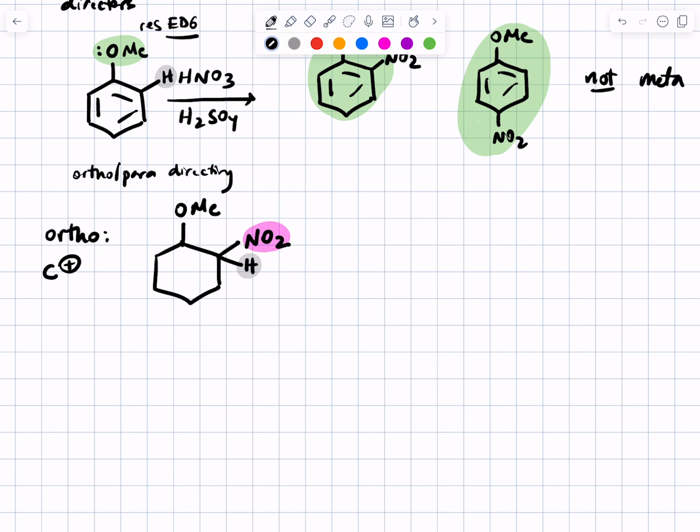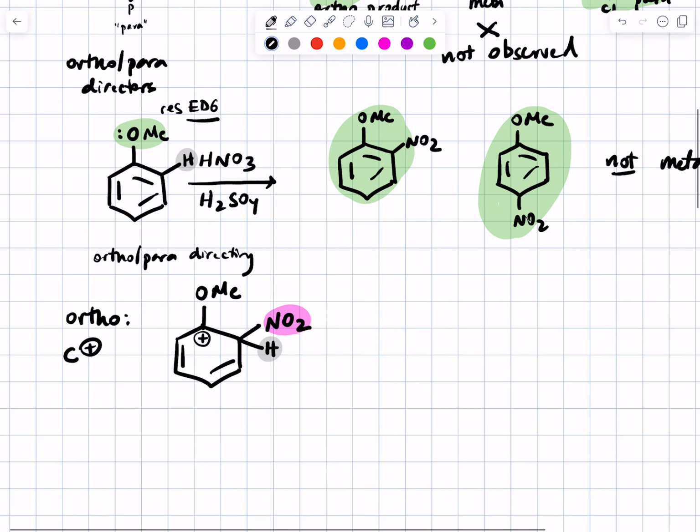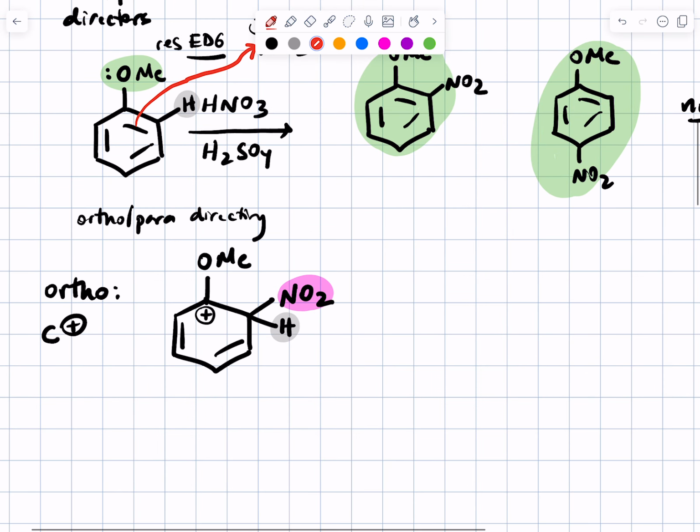The positive charge is on the adjacent atom, okay? And we would, of course, get that by having pi electrons from the benzene ring attack the nitrogen of the NO2 plus electrophile. So this is the intermediate.